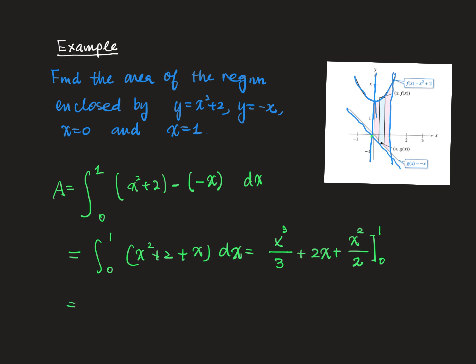You plug in the 1 first: 1 over 3, plus 2, plus 1 over 2, minus plugging in the 0, which is 0. With the same denominator 6, that's 2 plus 12 plus 3, which is 17 over 6. That's the area between the two curves.